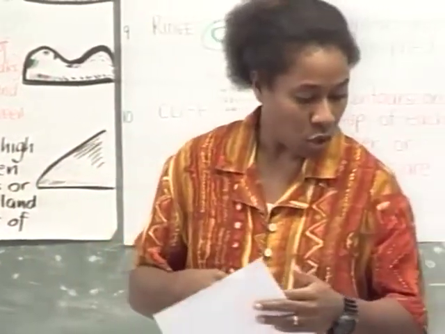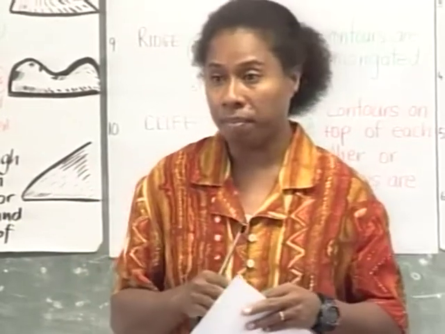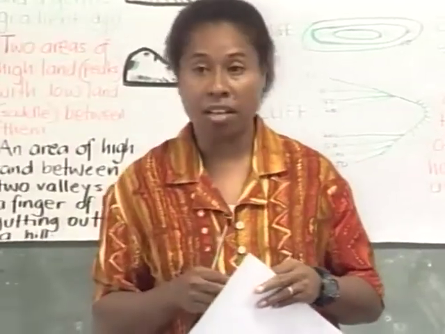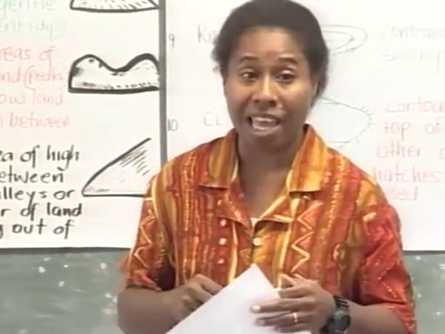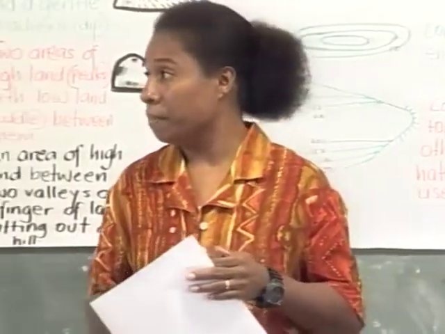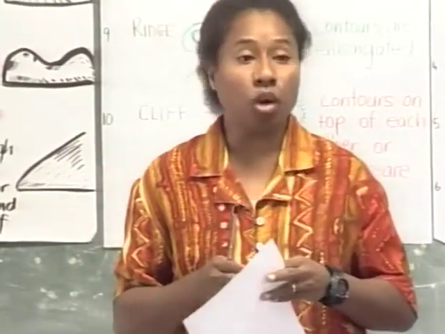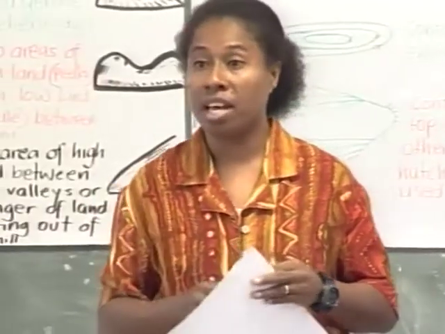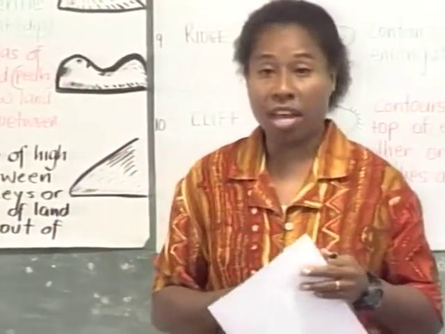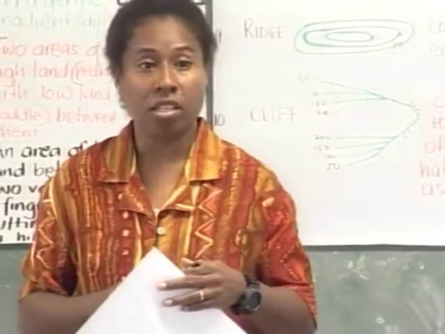If we find that the contour patterns at the top of the feature are close together, and at the bottom of the feature they are wider apart, then we say that slope is a concave slope. And finally, if we have a contour pattern that sees the lines closer together at the bottom of the feature and further away from each other at the top of that feature, then that particular slope has a convex slope.